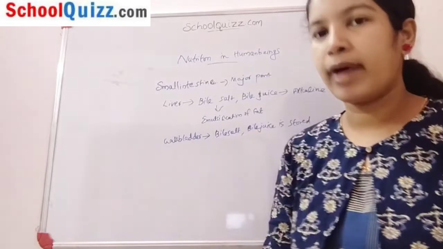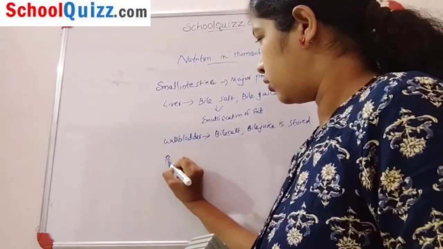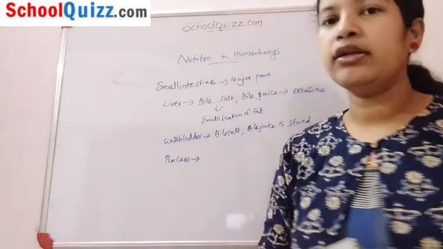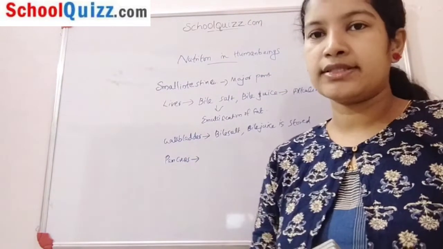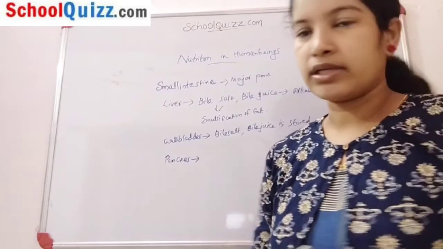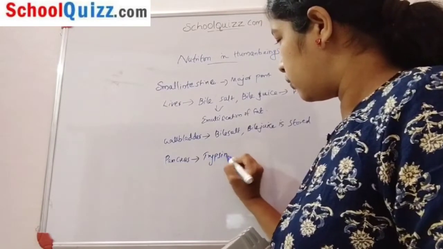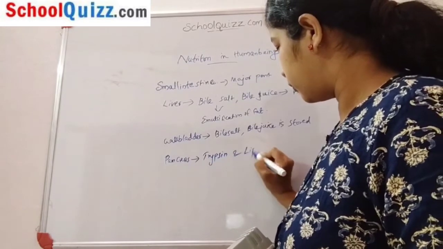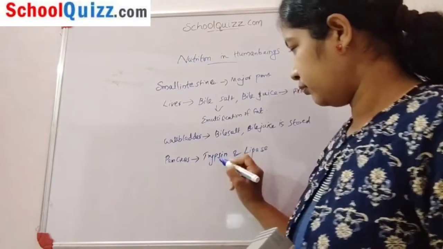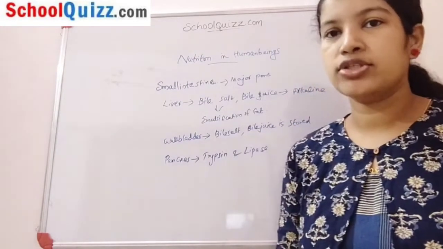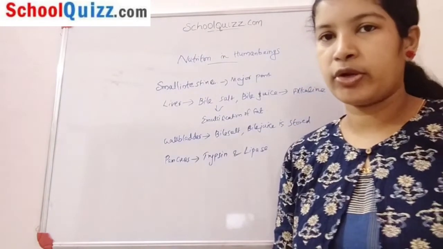Then we have the pancreas. The pancreas produces two important enzymes called trypsin and lipase. Like pepsin, trypsin also helps in the breakdown of protein into amino acids.